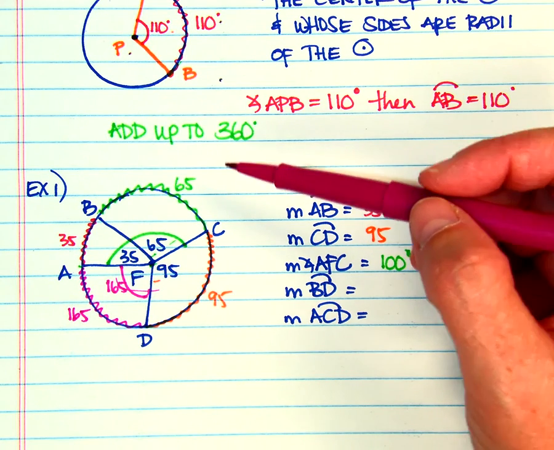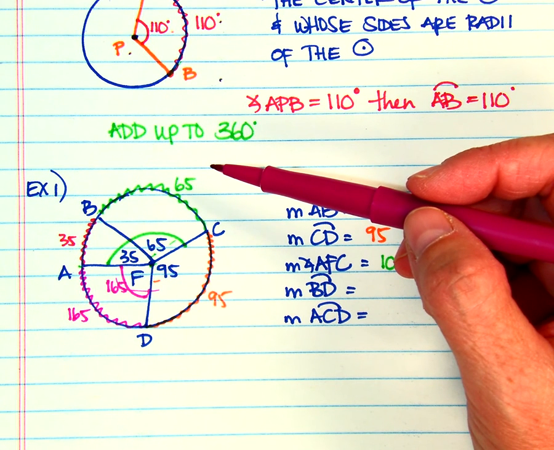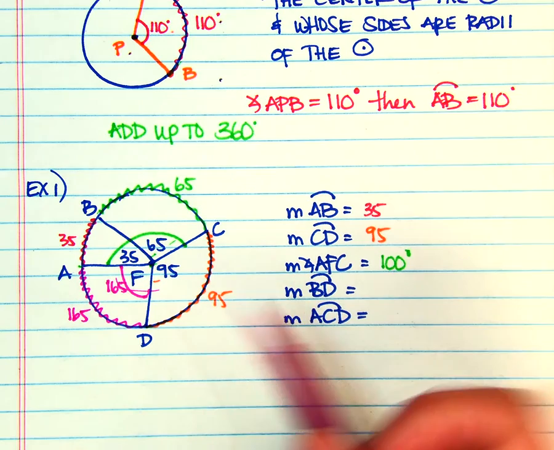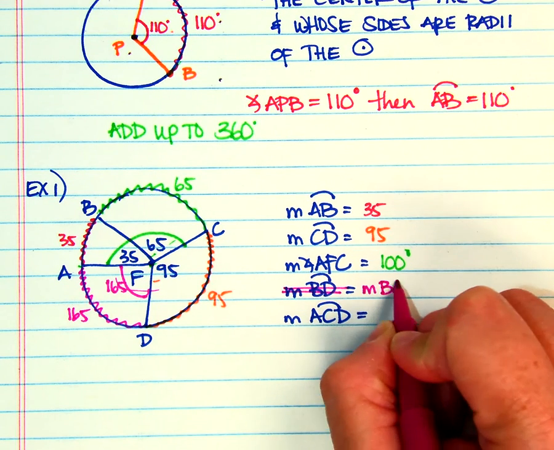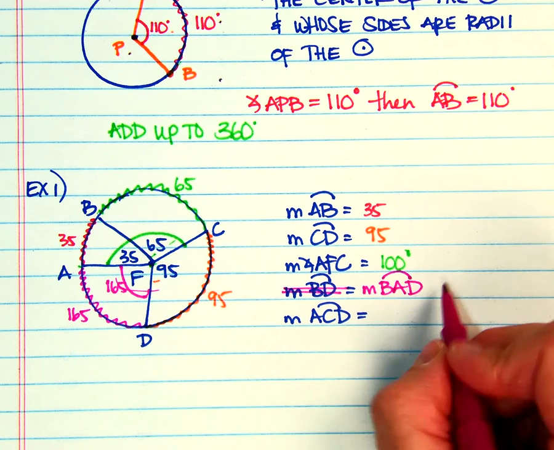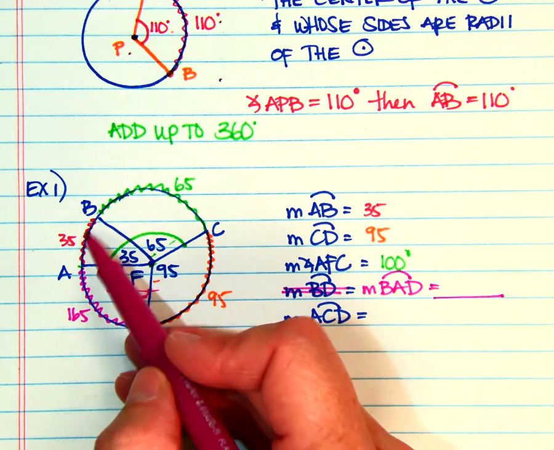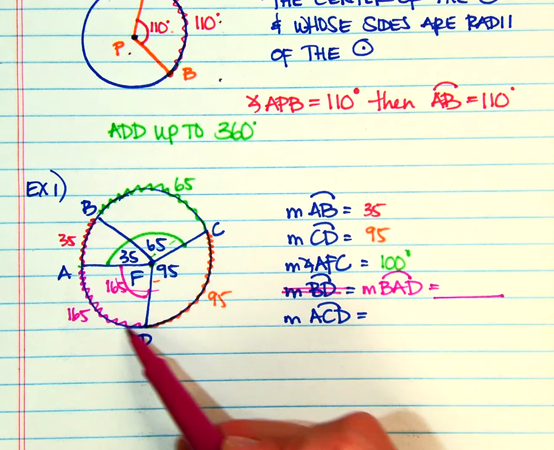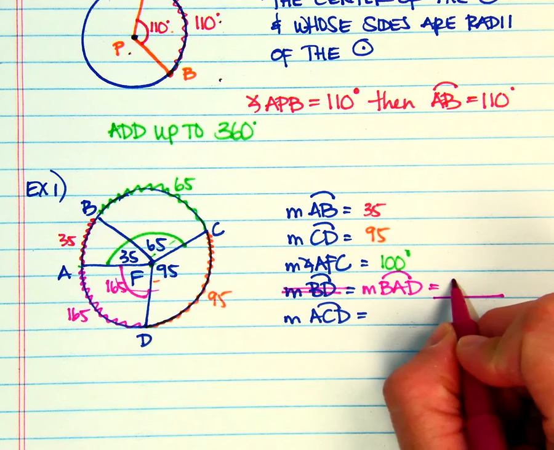So, to clarify it, I'll make this arc BAD, because both of them end up being majors, my fault. So arc BAD, you're going to add from B to A to D. So 165 plus 35 gives me 200.